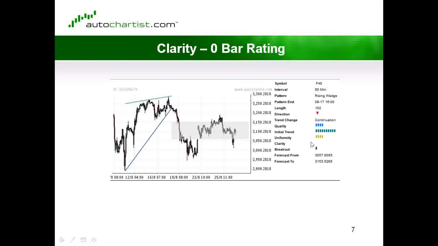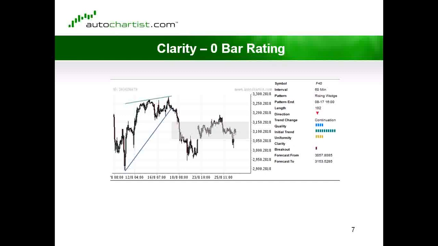All right, in this one, you really see no rating for clarity, because AutoChartist has picked it up as a pattern that, although it's making a rising wedge, if you look at the connection between this bottom and this top, and you see these spikes and this rapid movement, you may see a wedge, but you don't see something clearly defined in there as you did in the previous two charts, where there was definitely a relationship between tops and bottoms, with price and time, and you had price symmetry, you had time symmetry.